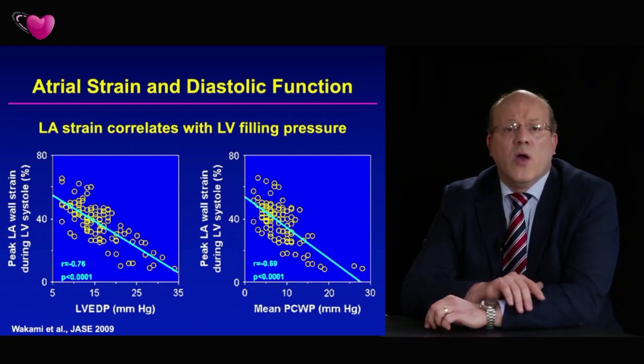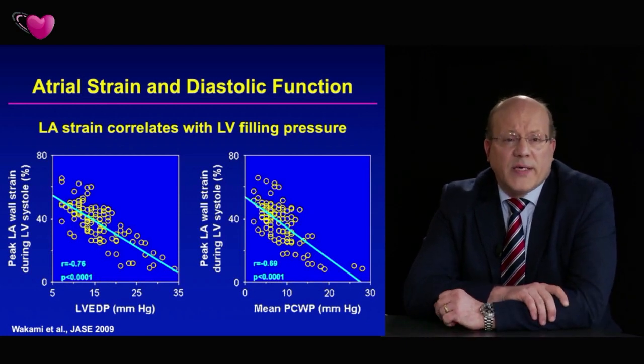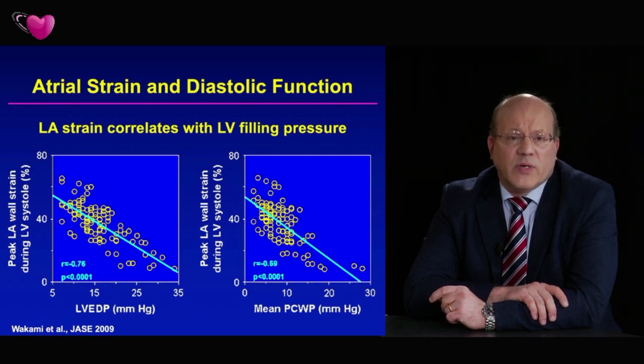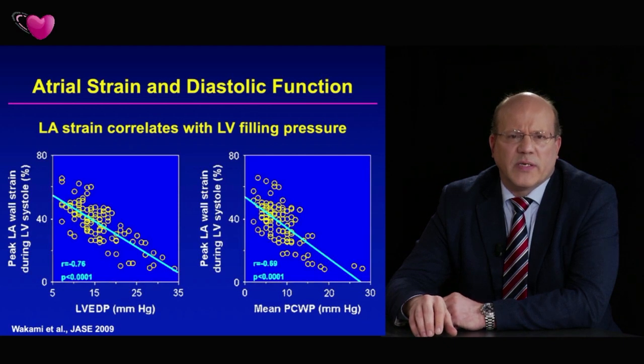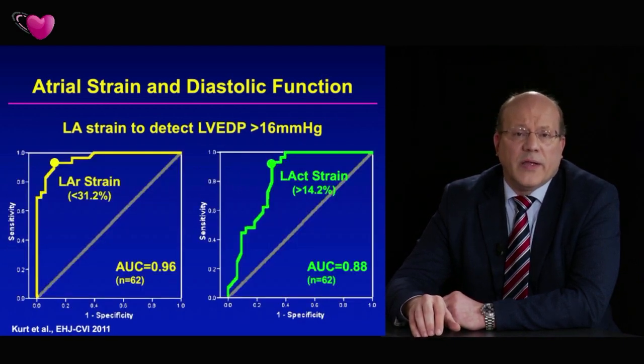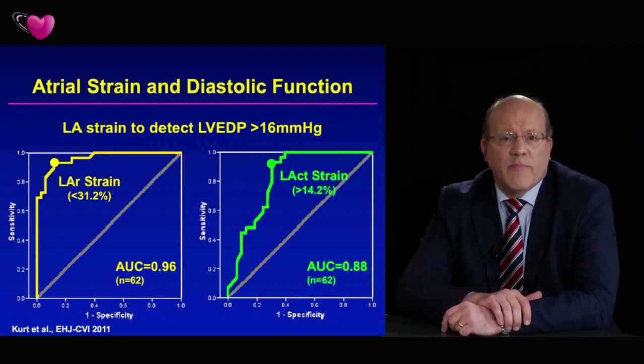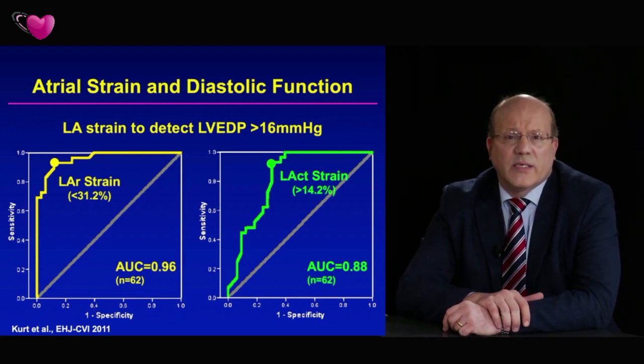And I show you here one work that has compared filling pressures of the left ventricle with the atrial strain. And you see here that there is a reasonably good correlation in this study, not perfect, but there is some connection between the two. Another study has done the same, left atrial strain to detect left ventricular end diastolic pressures above 16 millimeter mercury.